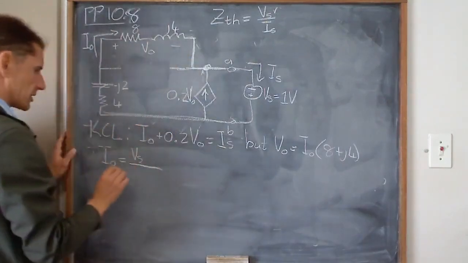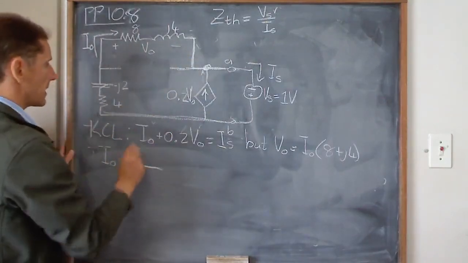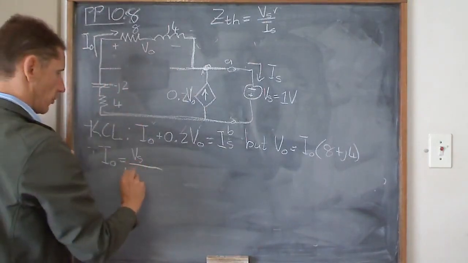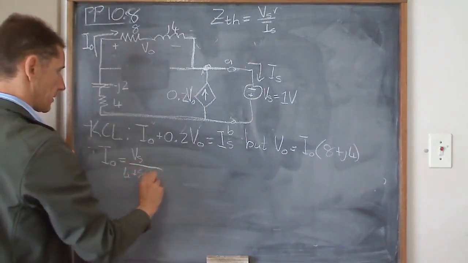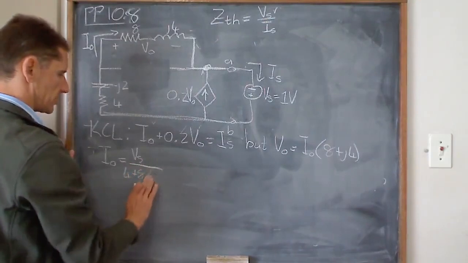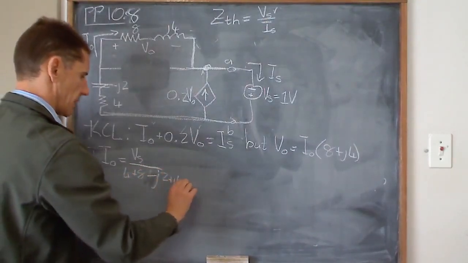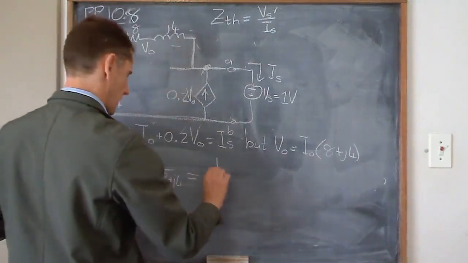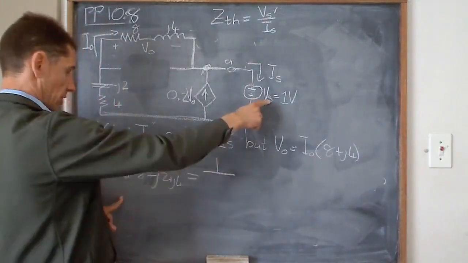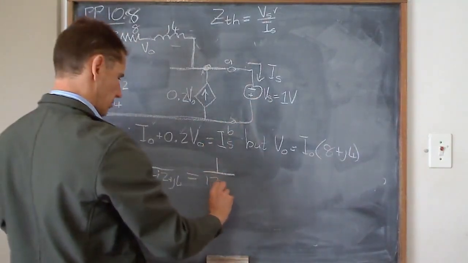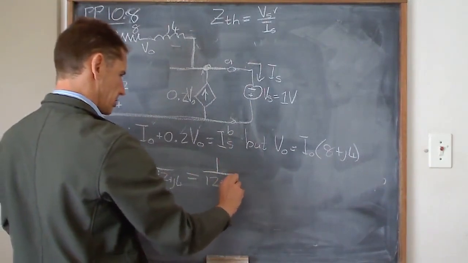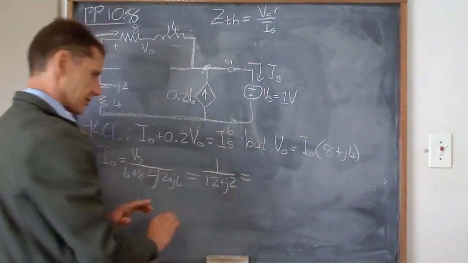So everything works out nice. It's going to be Vs over this 4 plus 8 plus, well, minus J2 plus J4. So it's 1 over, because I chose it to be 1 volt, 12 plus J2 equals something.